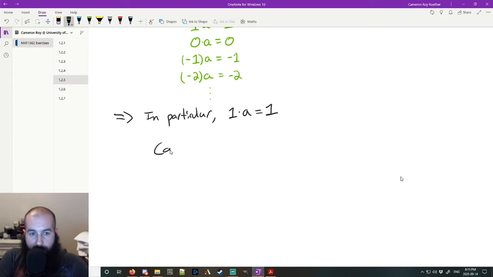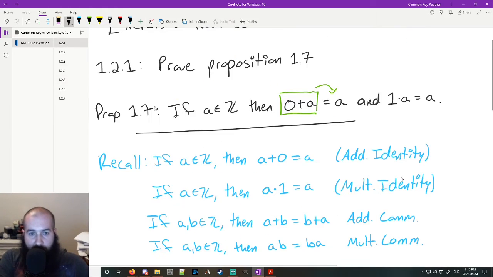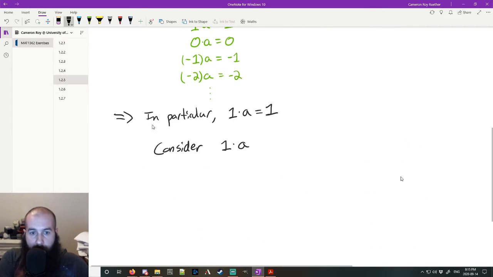So let's consider 1 times a. Now, we already did an exercise about 1 times a. If we go and check, we've already proved that 1 times a is equal to a using proposition 1.7. So we can use this proposition now since we've proved it. This is equal to a by proposition 1.7.